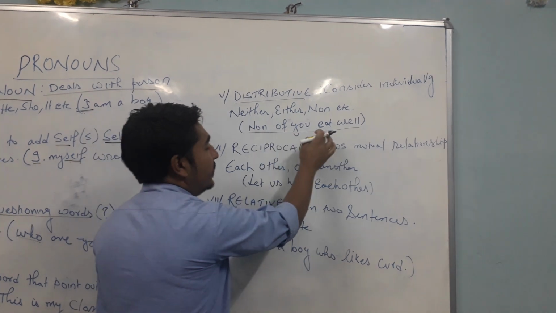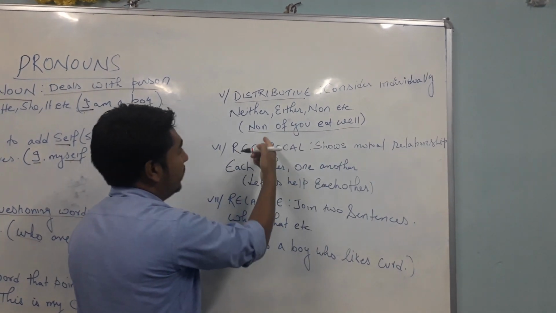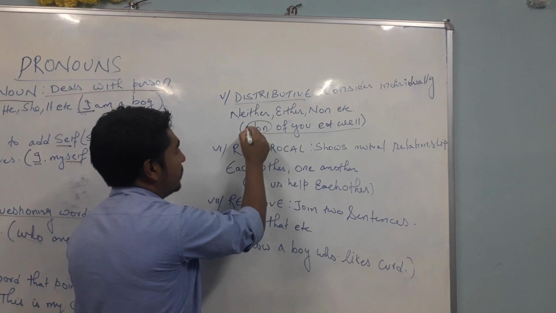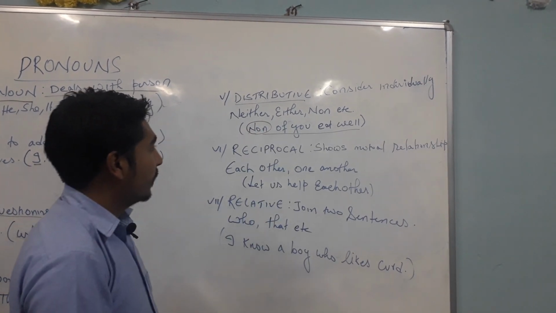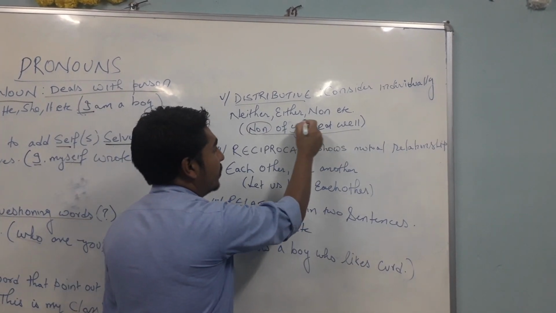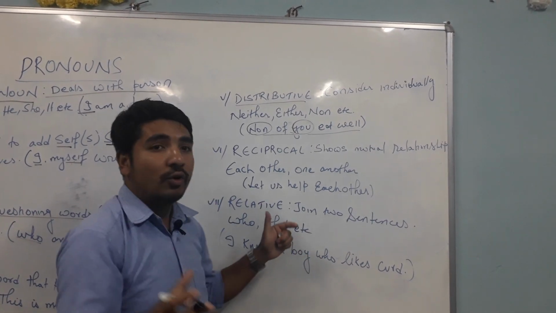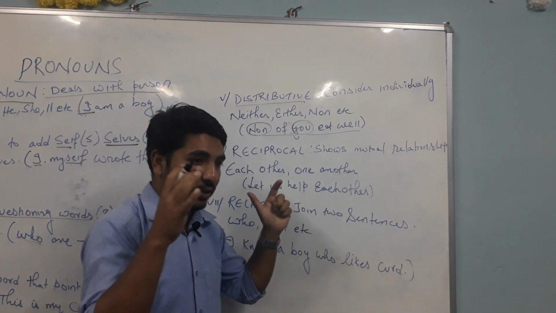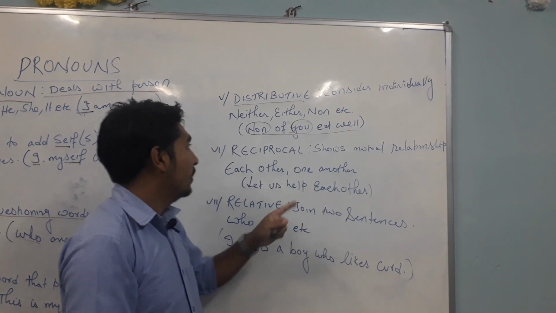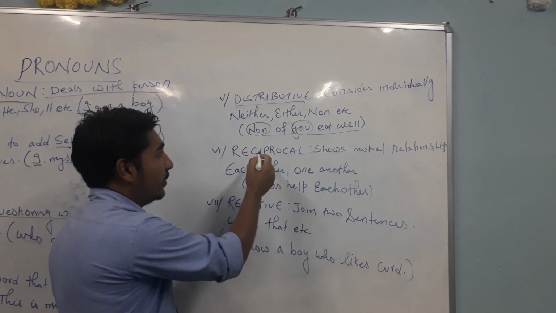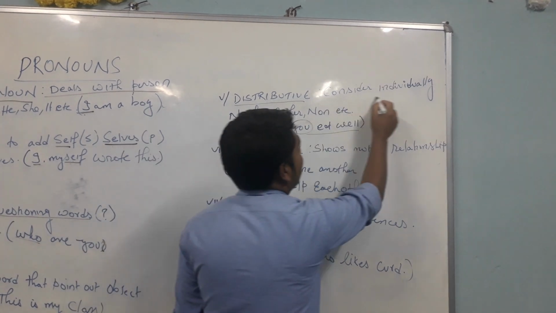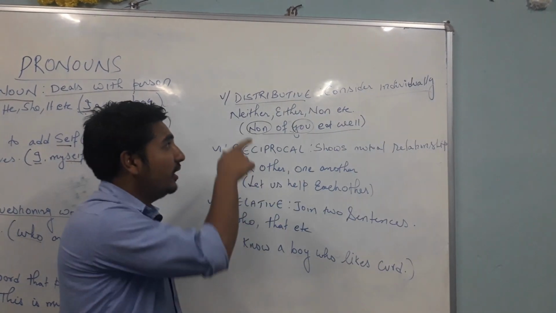None of you eat well. Here, this is a distributive pronoun. "You" here means I am talking about the plural. The number, the presence of the object is actually more, not one. But then here it is considering individually.